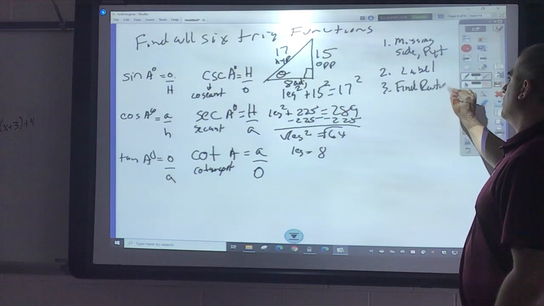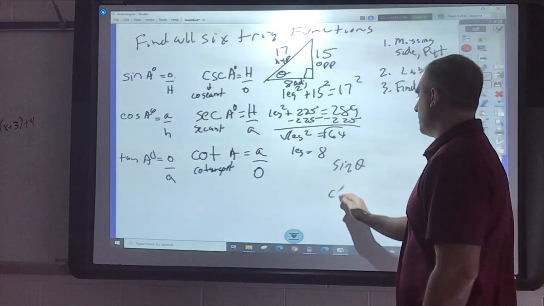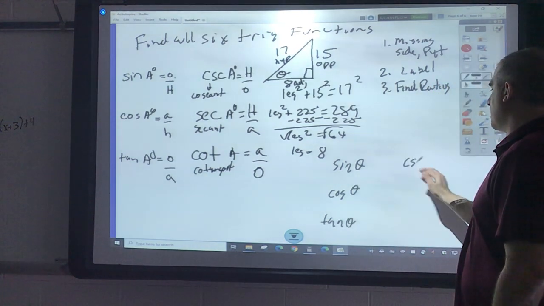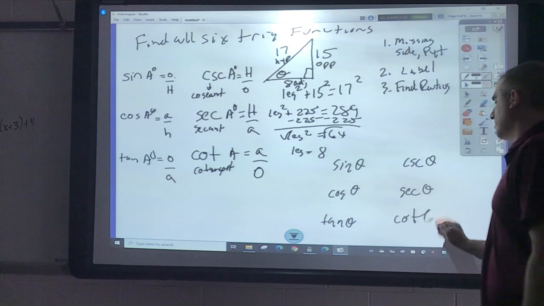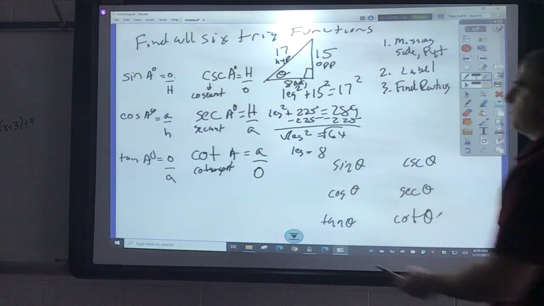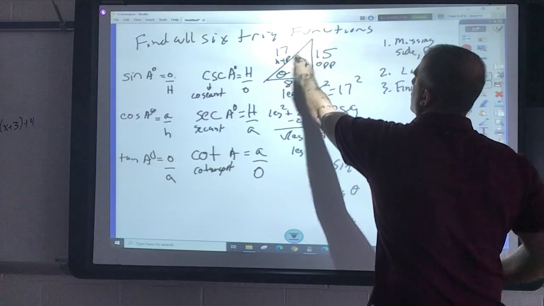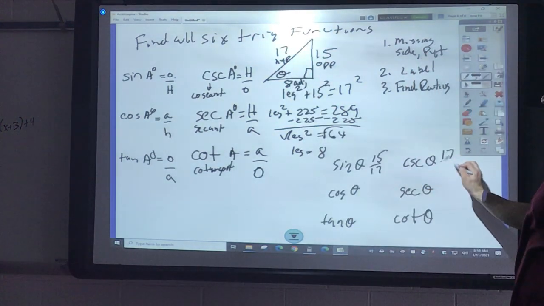So what I'm doing is sine of theta, cosine of theta, tangent of theta, cosecant of theta, secant of theta, and cotangent of theta. Okay? Now, this is pretty simple. If sine is opposite over hypotenuse, 15 over 17, then cosecant is just 17 over 15.